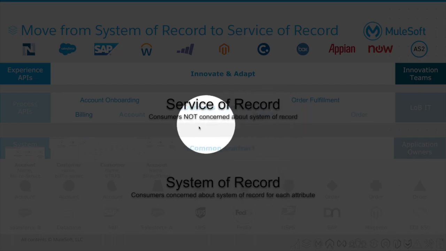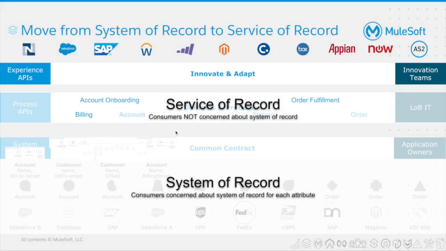Now we've moved to a service of record where the consumers don't care about systems of record anymore. Those systems of record can change on a daily basis. And they probably don't change that often, but they do often change. This gives us a way to go out here and actually provide a service that's going to give me the information I'm looking for and therefore insulate me from changes in those systems of record.